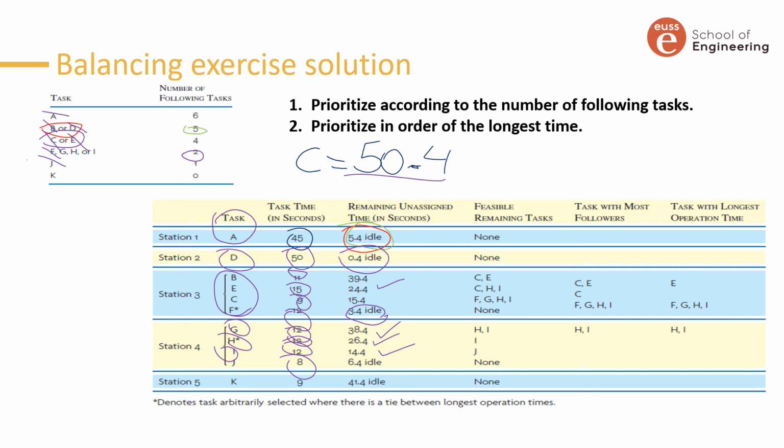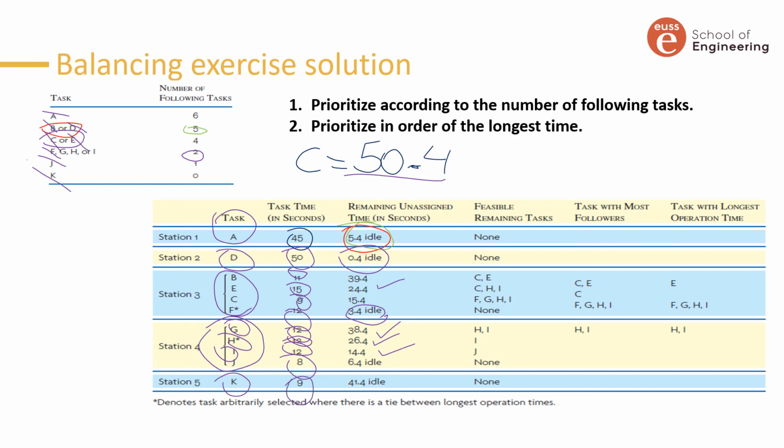The only remaining task is task K. The time of this task is 9 seconds, but we have only 6.4 seconds available. So we can't assign it to this workstation and we close it. So obviously we have a fifth workstation that only K enters, with 9 seconds.